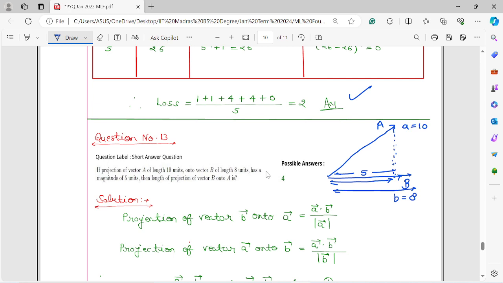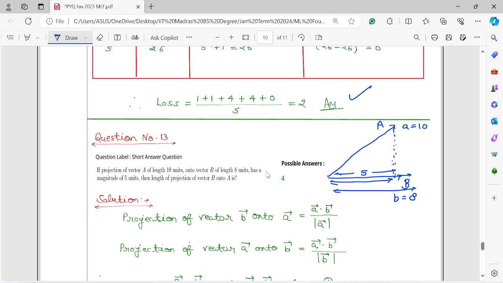This is a visual representation of the problem: if we project this vector onto this vector, the magnitude of the projected vector is 5. Now it is asked for the length of the projection of vector B onto A.